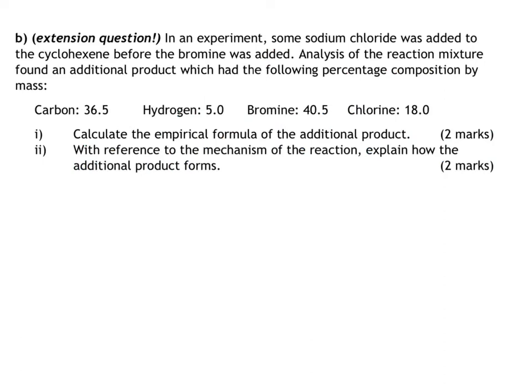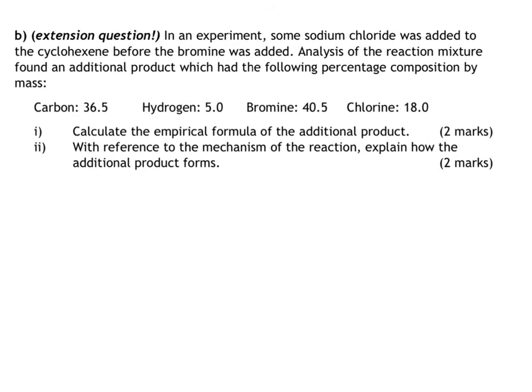So part B is labelled as an extension question, although actually the first part of part B is simply a straightforward empirical formula calculation. So you've been given the masses or percentage by mass of 4 different elements: carbon, hydrogen, bromine and chlorine, and from there we can divide by their respective relative atomic masses to get the relative numbers of moles present for each of those.